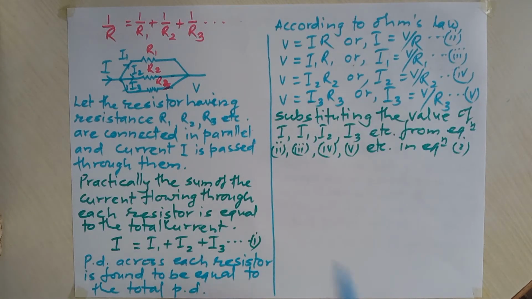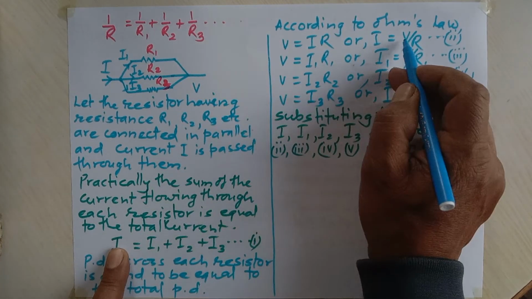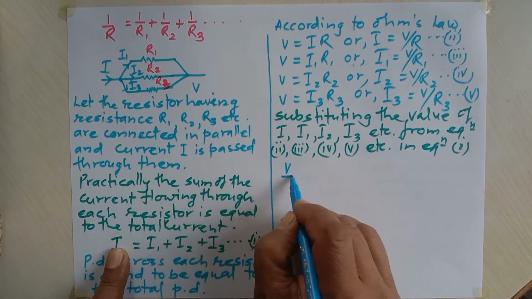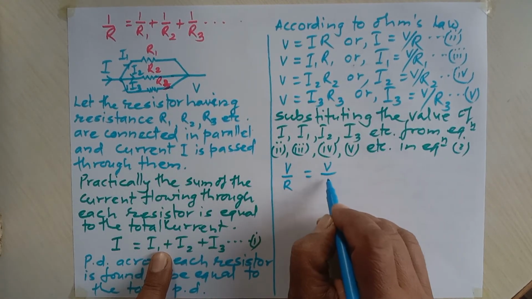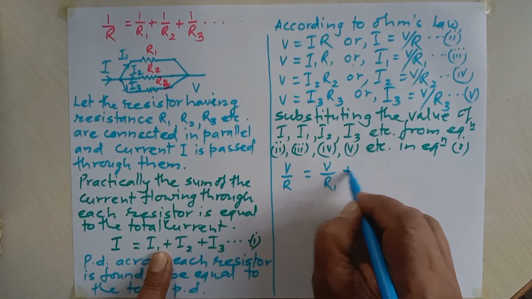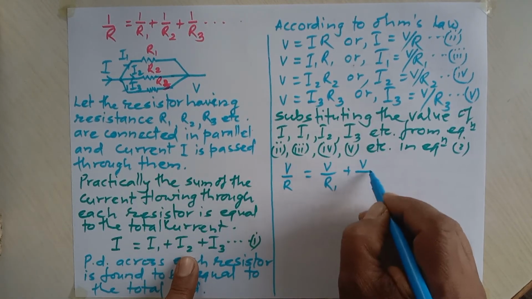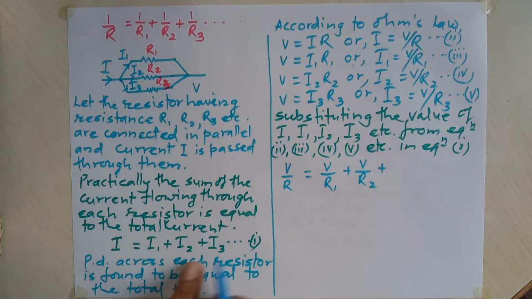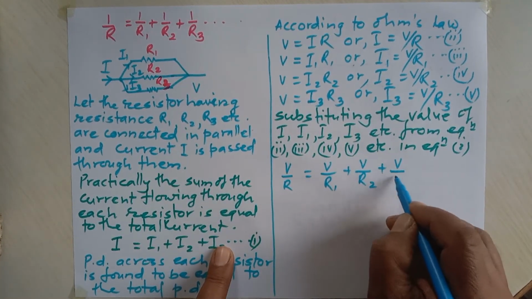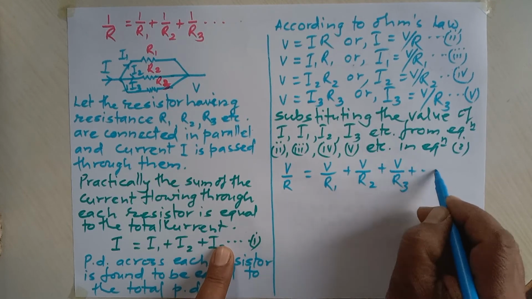We get this. In place of I, I am writing V by R. In place of I1, V by R1. In place of I2, V by R2. And in place of I3, V by R3, and so on.